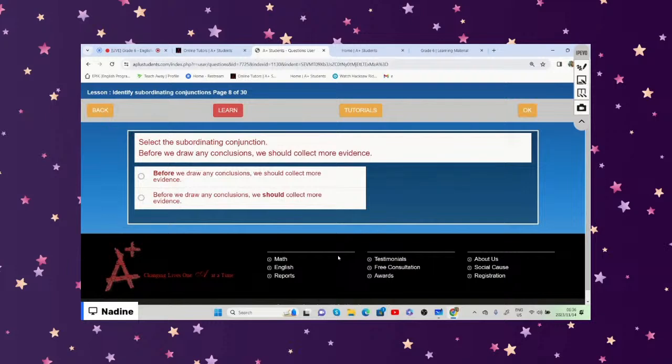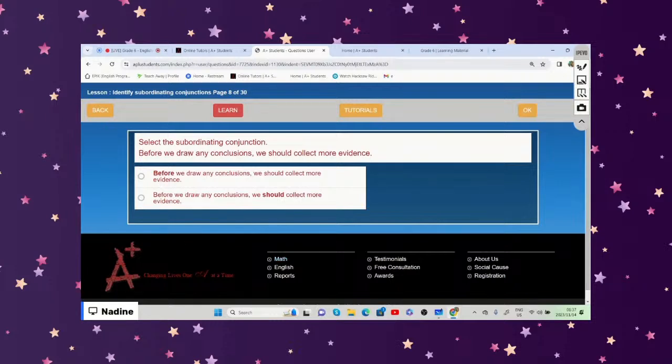Before we draw any conclusions, we should collect more evidence. So now we need to choose from the text.